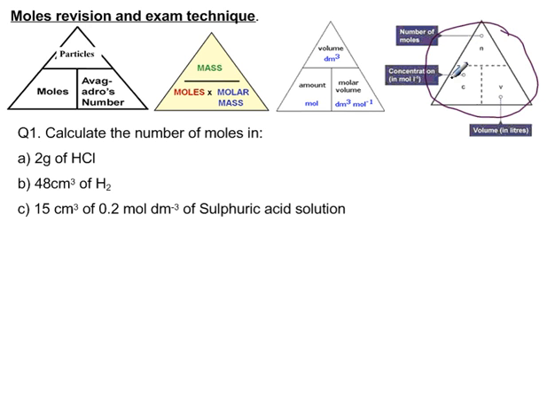So rearranging this equation, if we want to work out the number of moles, we would multiply the concentration by the volume. And the volume must be in litres or decimeters. So the concentration of the sulfuric acid is 0.2.